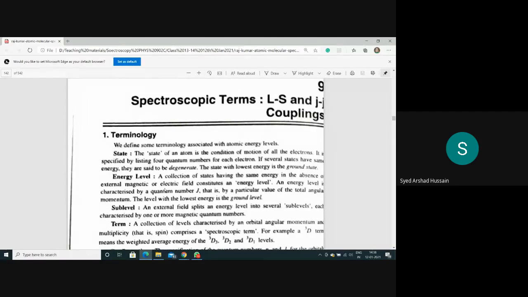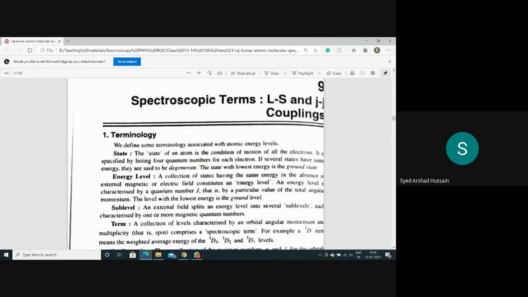Then energy level. Energy level means a collection of states, because in Bohr's theory it is characterized by the quantum number n, and we have already seen n is equal to 1, 2, 3 and so on. The energy for one or more electrons lying in an energy level is characterized by n, and a maximum of 2n square electrons can occupy a particular energy level.